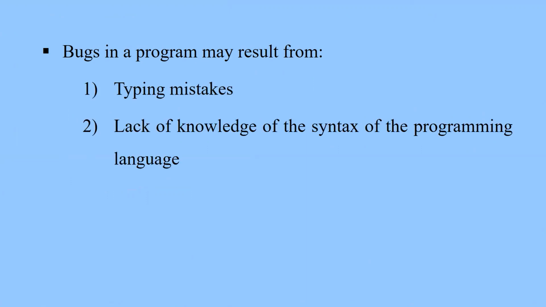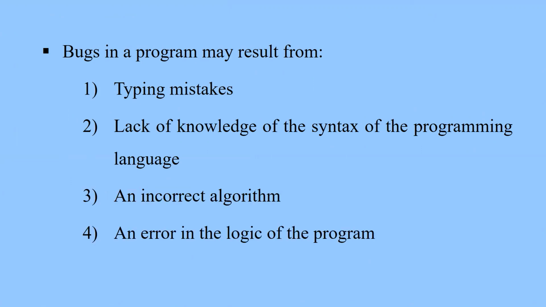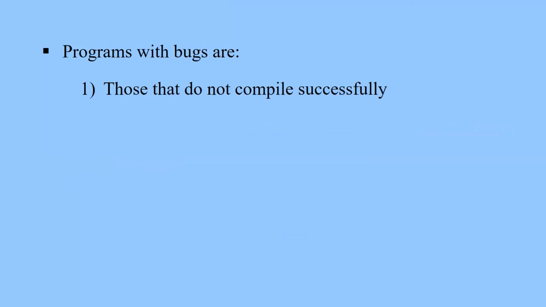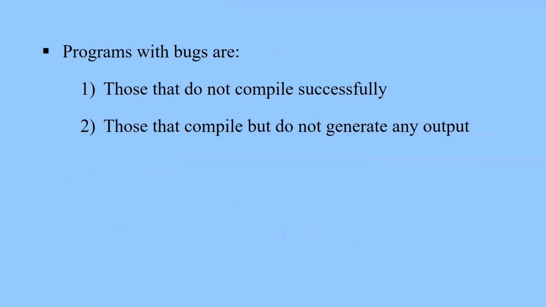Bugs in a program may result from typing mistakes, lack of knowledge of the syntax of the programming language, an incorrect algorithm, or an error in the logic of the program. So, programs with bugs are those source codes that do not compile successfully, or those that compile but do not generate any output.